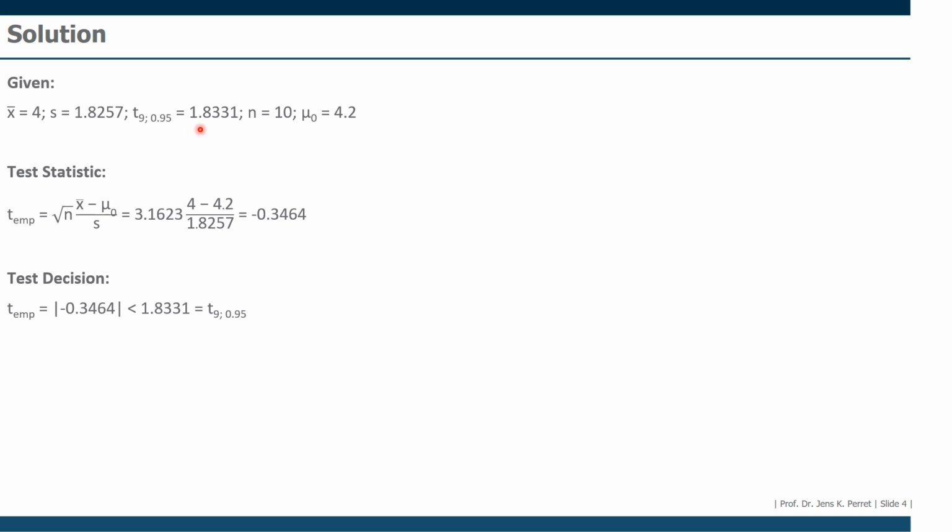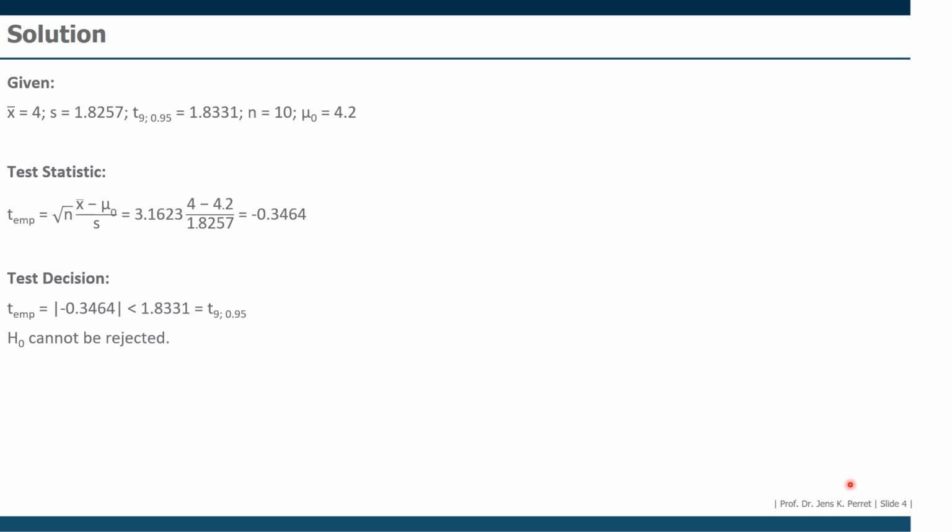So that's automatically our reference statistic. Since in this case the absolute value of the test statistic is smaller than the reference statistic, the quantile from the t-distribution, we can say that our H0 hypothesis cannot be rejected. What does this mean?